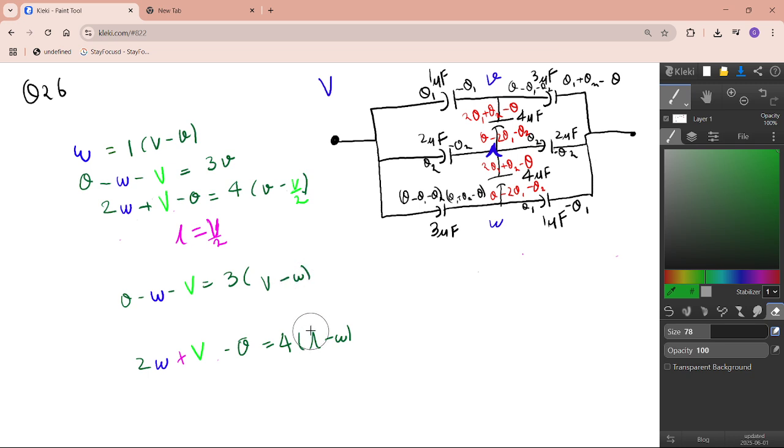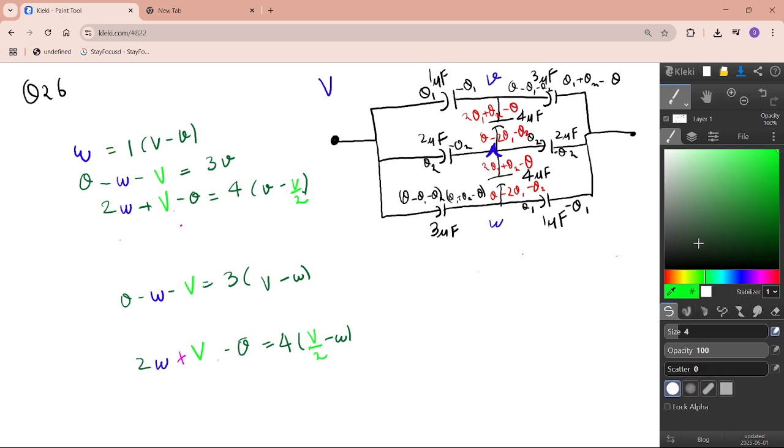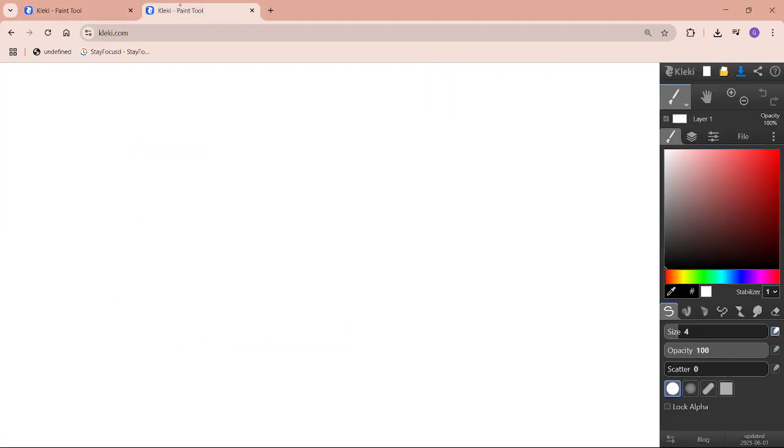This lambda is V by 2. Now I think we are left with just 5 equations. We need to do a bit of simplification now, right? I'll just open another tab, then we'll do the simplification.